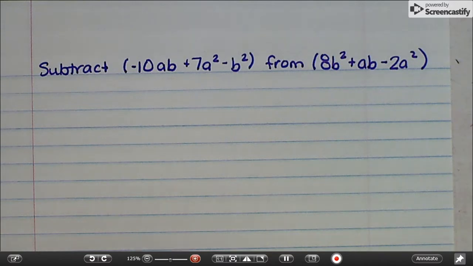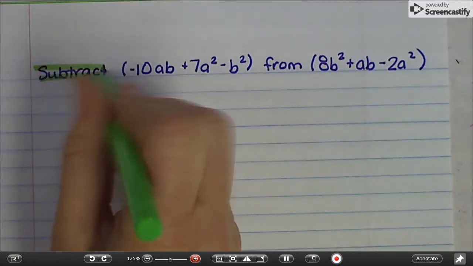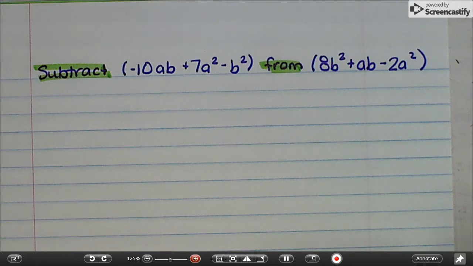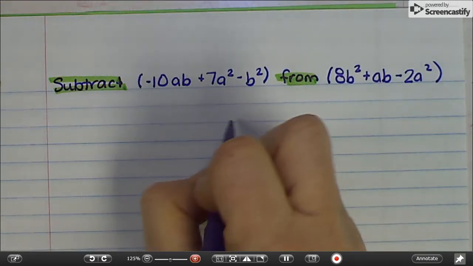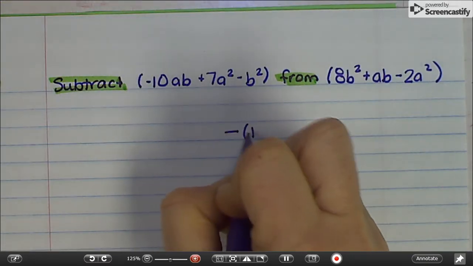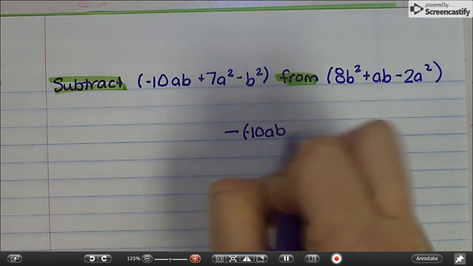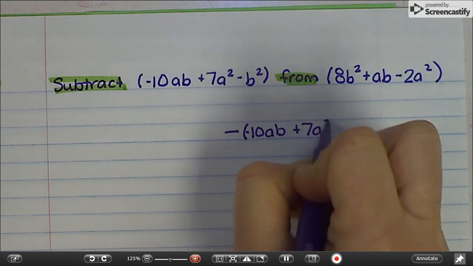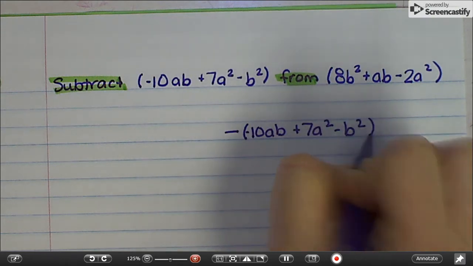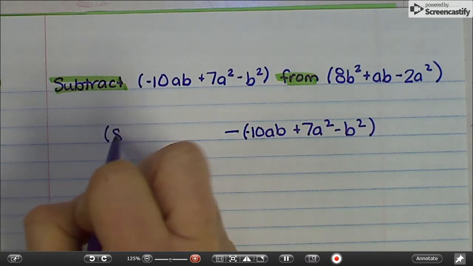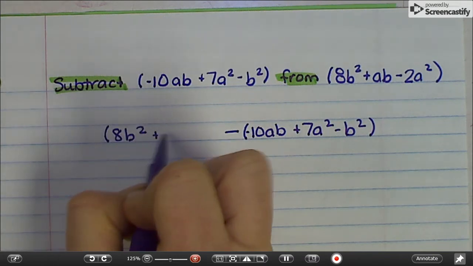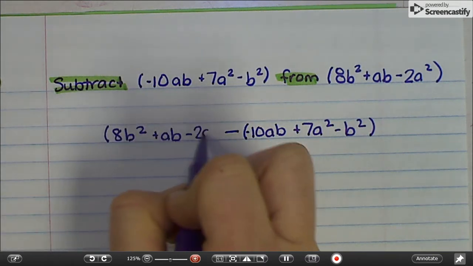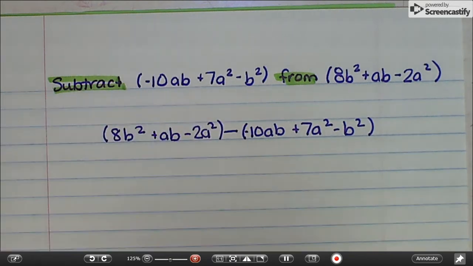Remember that when it says the words subtract from, that means that's the second part. We're subtracting that from 8b squared plus ab minus 2a squared. Be very careful with that kind of wording.